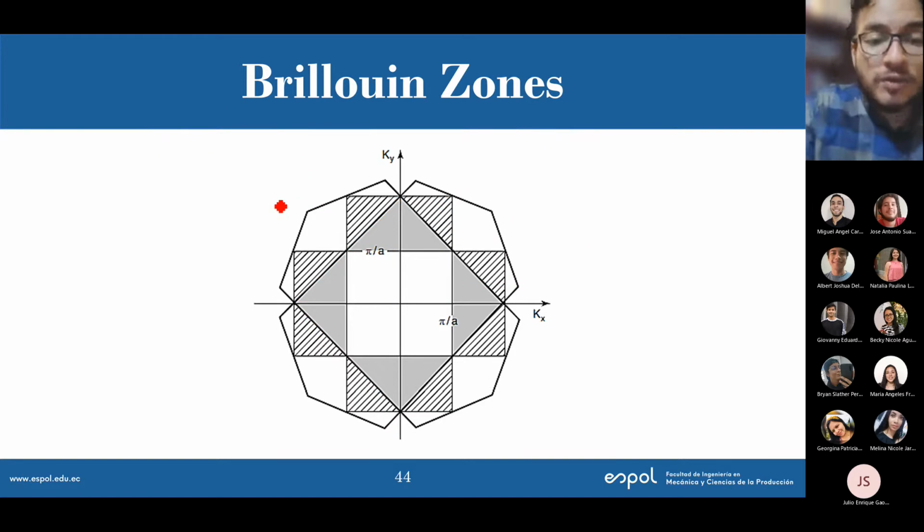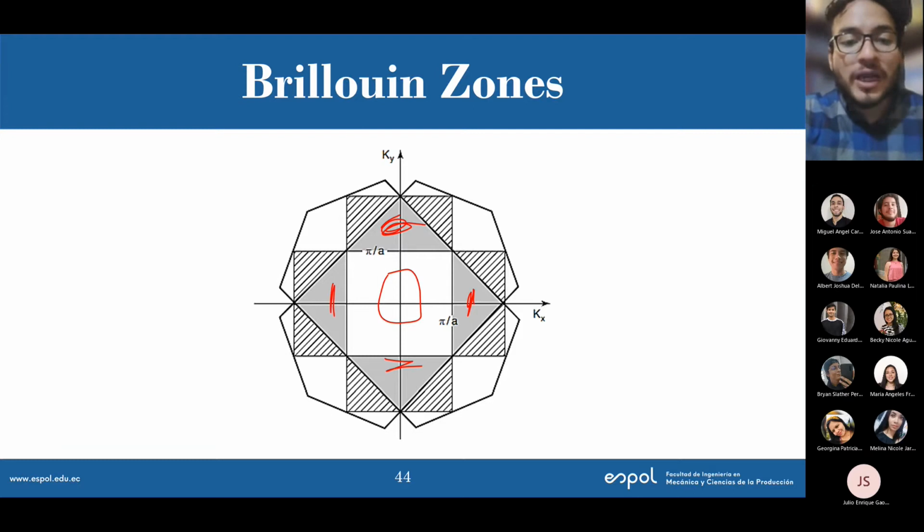So let's say for this one, you have four squares, right? The second Brillouin zone, these two triangles will form one square, another square, another square, another square, so the same area. And that's something that's always going to happen. All Brillouin zones have the same area.